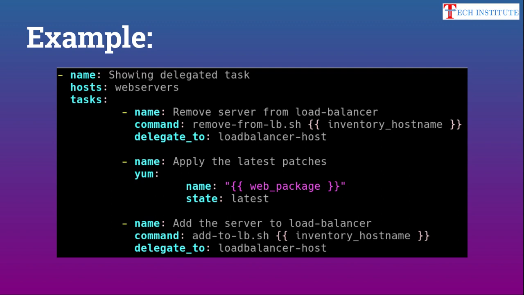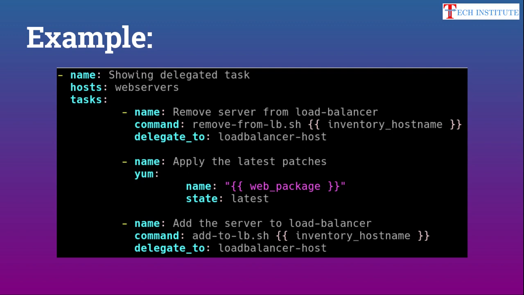In the second task, it is applying the latest patch. As I didn't use delegate_to in this task, it will run on the web servers. Then in the third task, it will go and add the host back to the load balancer. Here, as I was telling you, if you have multiple target hosts, the delegated task will also run multiple times.